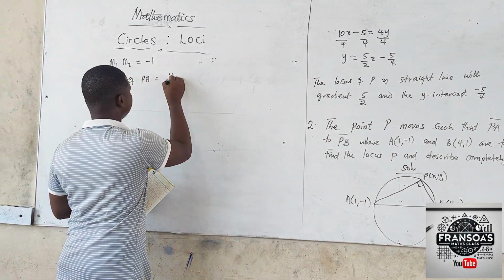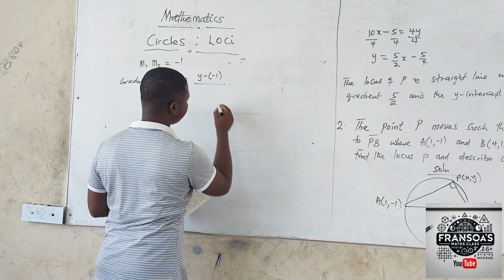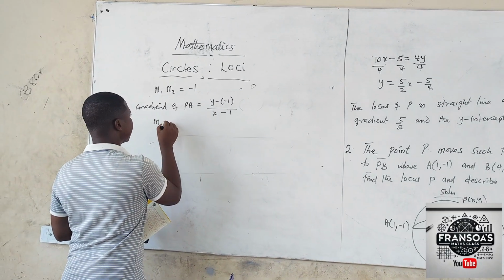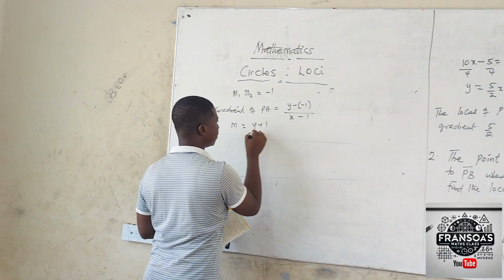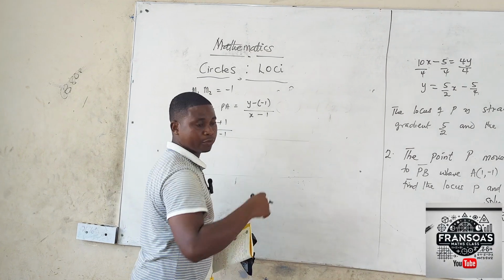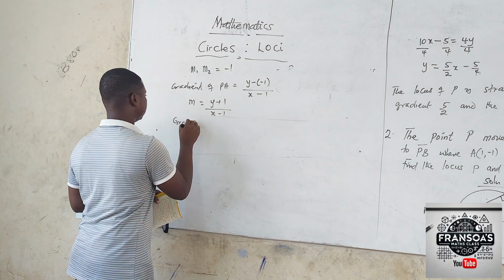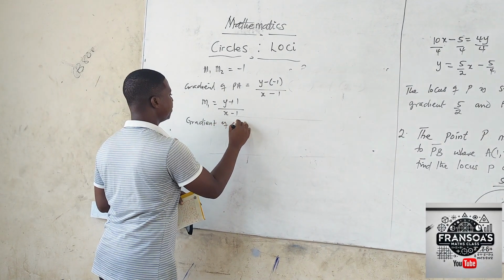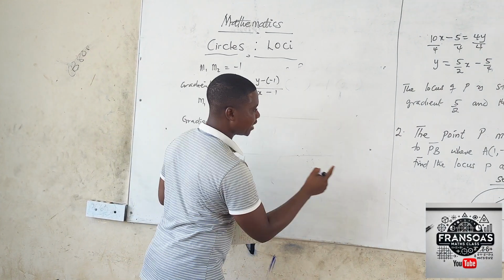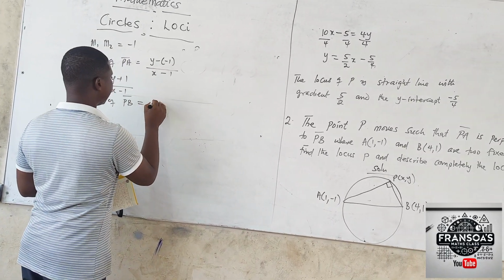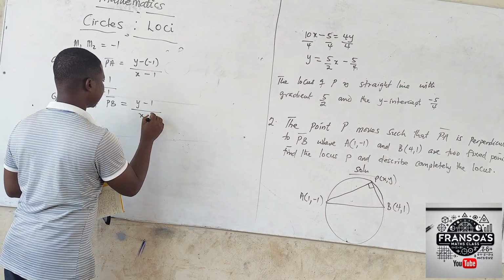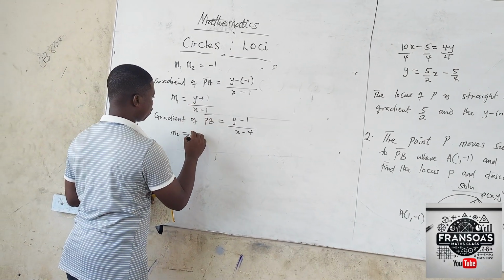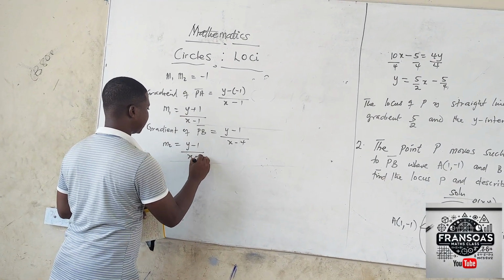So y minus negative 1 over x minus 1, which is m1 equals y plus 1 over x minus 1. Then the gradient of PB, M2, is y minus 1 over x minus 4.